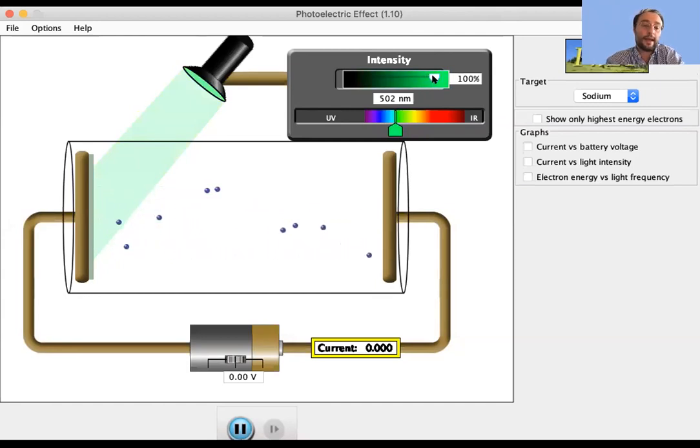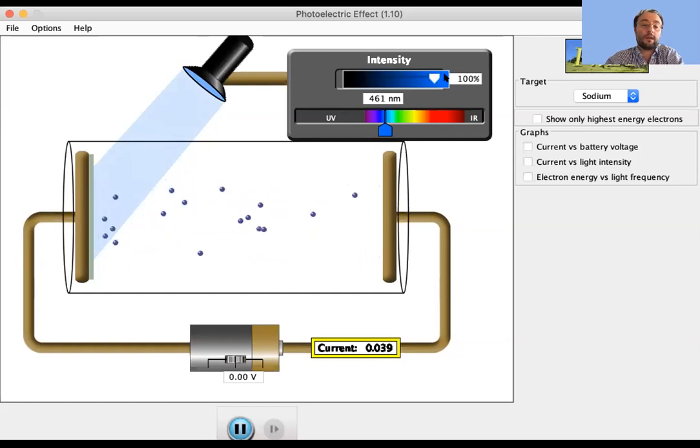Now, let me choose a larger frequency. So you can see, what would happen if I change intensity? You can see the speed of electrons is actually independent of intensity, but the number is not, right?